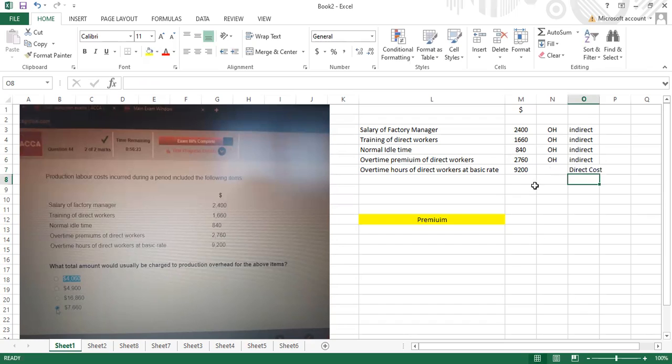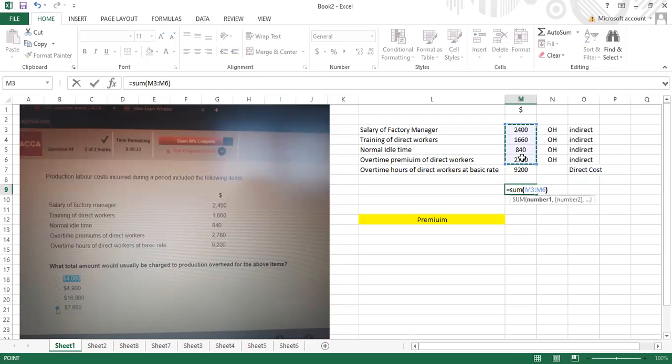So you are supposed to calculate what? Simply add these four costs and you would know your answer. Your answer is 7,660.